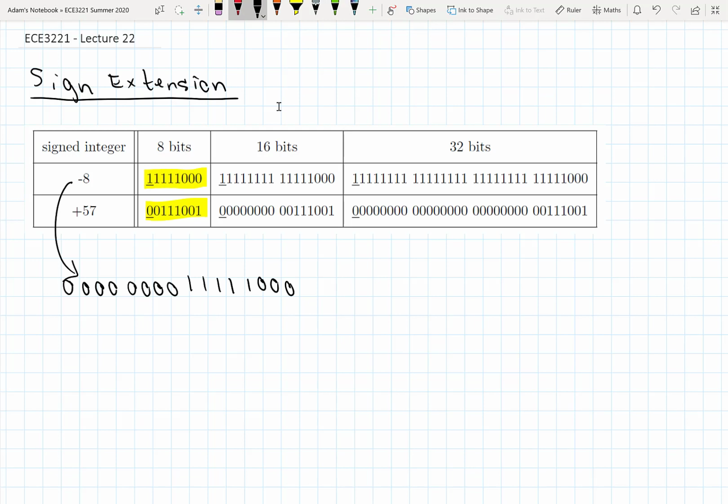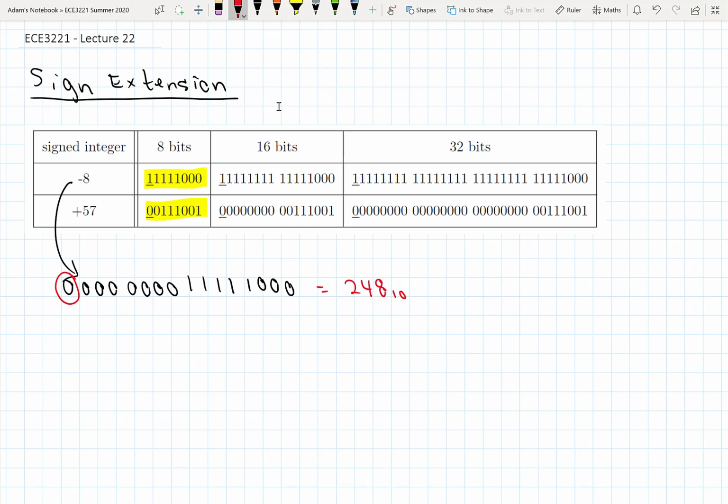Right away we can note that it must not be a negative value because our most significant bit is not a 1, which it would be if it were negative. In fact, if we do the conversion here, we discover that this is actually equal to a value in base 10 of 248. So not at all what we intended.